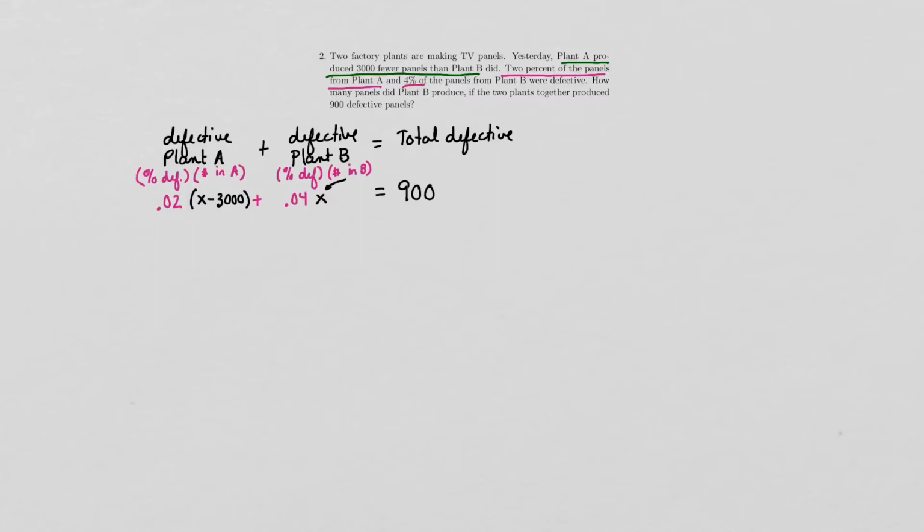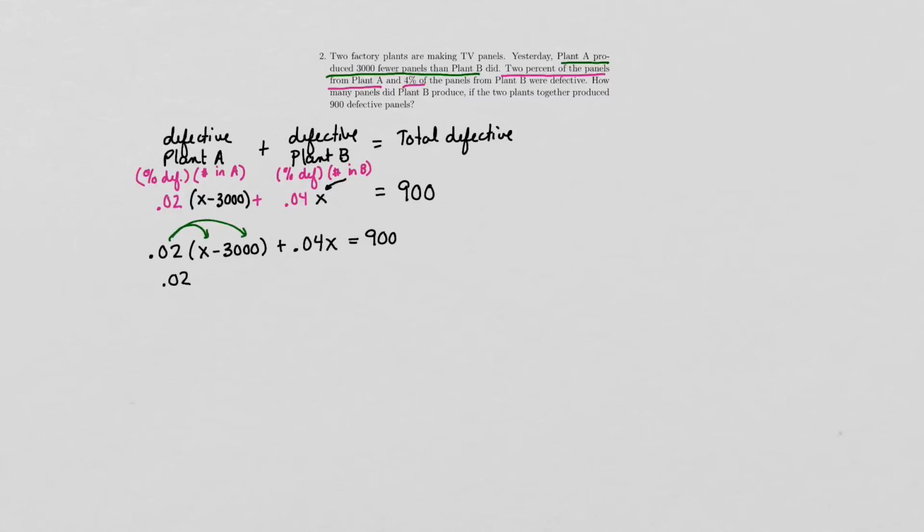And so now I have this nice little equation. I'll write it in one nice line here. But basically we have 0.02 times (X minus 3,000) plus 0.04X equals 900. And I just have to solve this. So I need to distribute the 0.02.